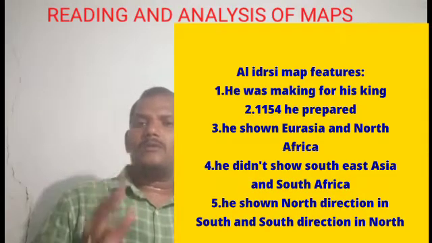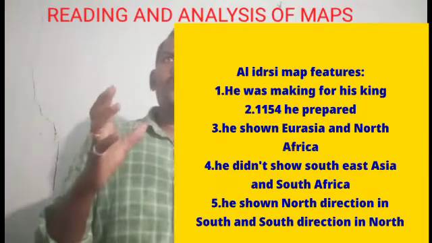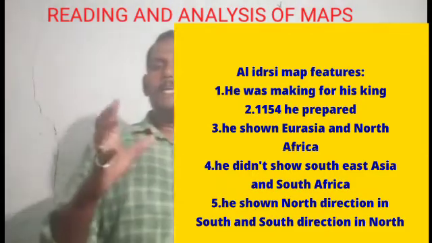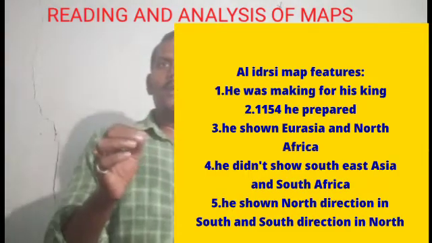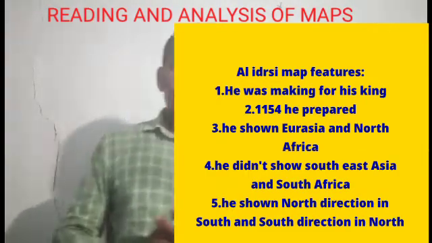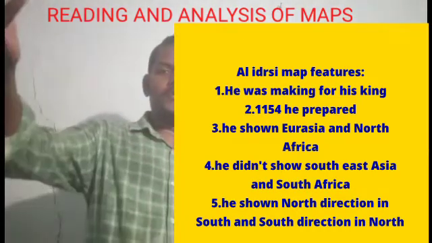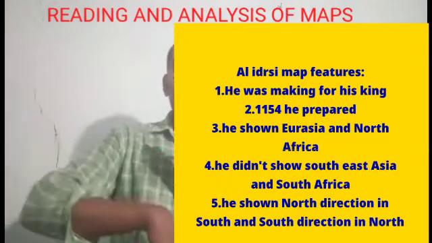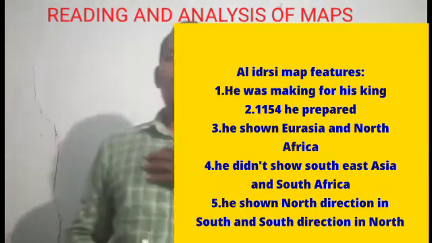He didn't show South Africa and Southeast Asia. Okay, what is the significance of this map? The northern areas are shown in the south, and southern areas shown in the north, because the Arabian country is shown in the center of the map.